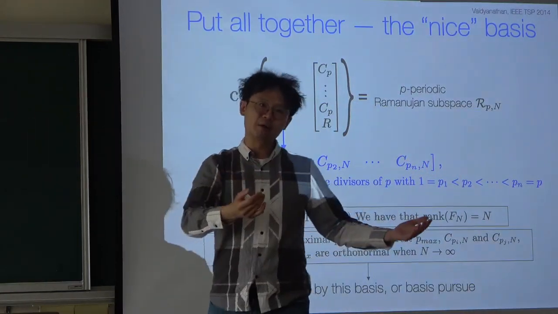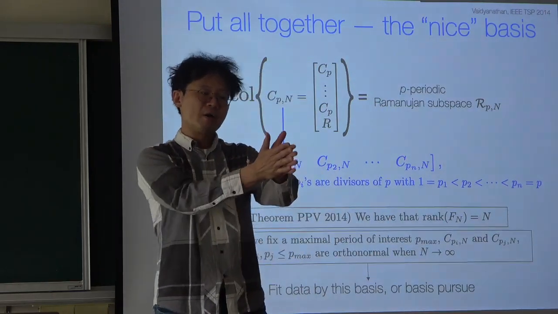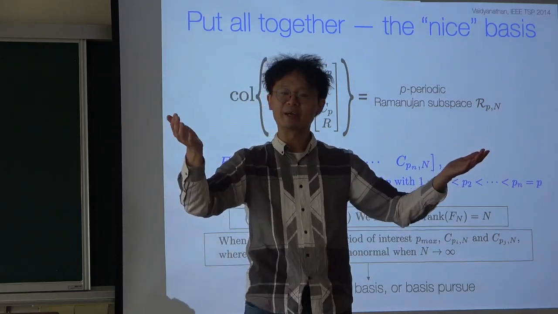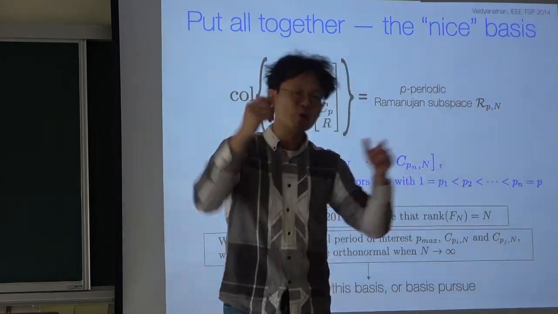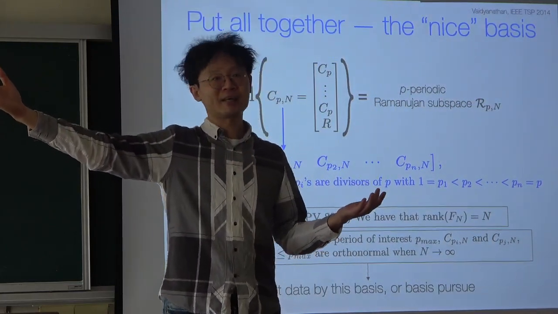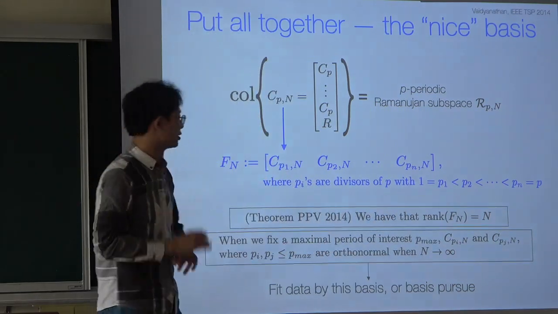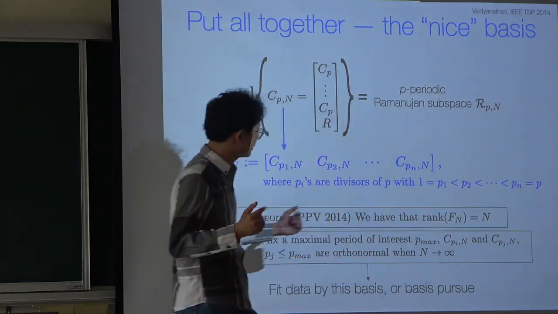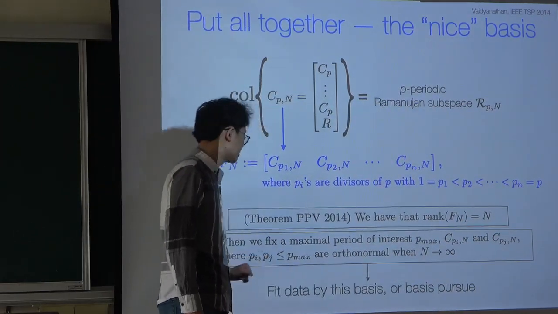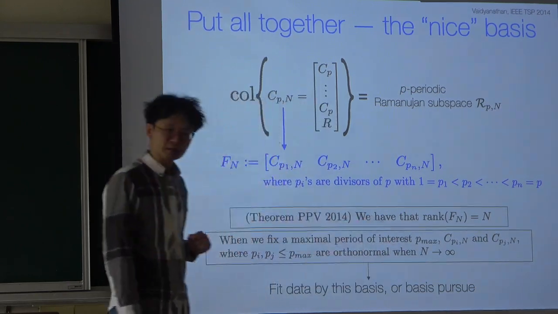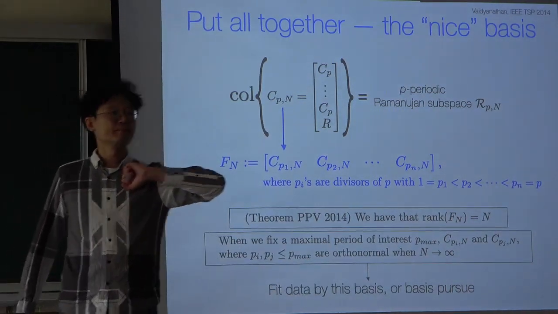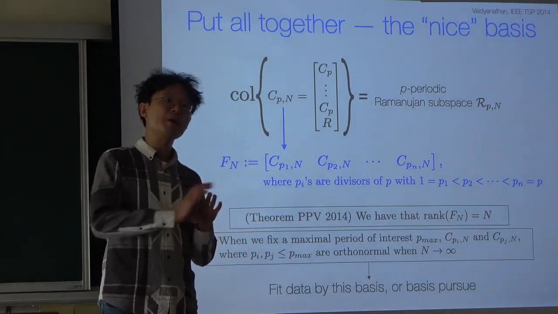Because if the signal you record only has length N, you don't expect to capture a period longer than N, since you don't even finish observing one cycle. So P max is smaller than N, and c_pi,N and c_pj,N, where pi and pj are less than P max, are orthonormal when N goes to infinity. So then you can fit data by this basis. That is the way you construct a basis.